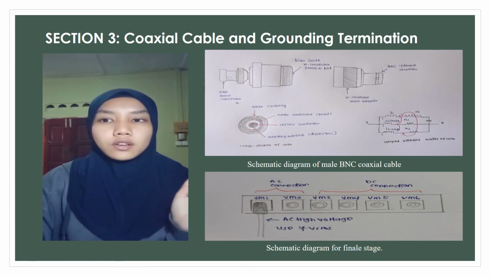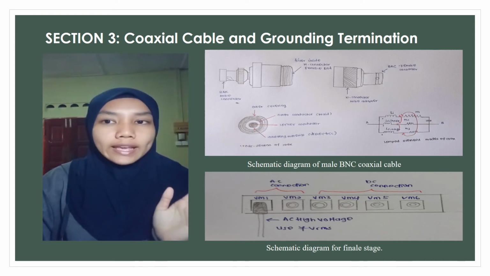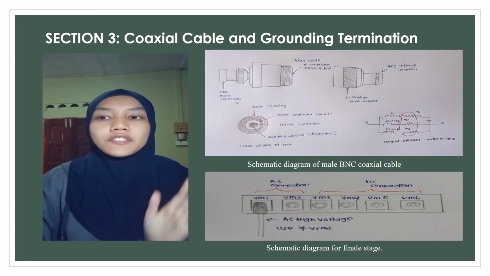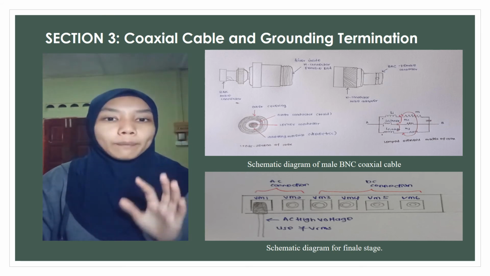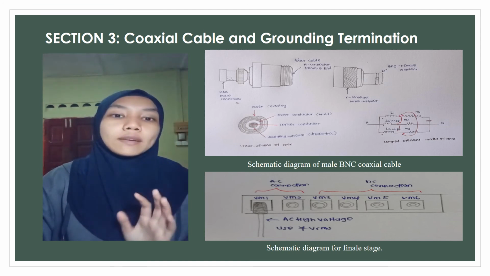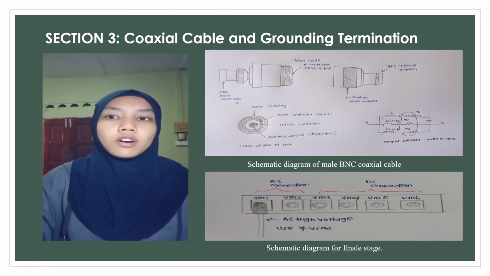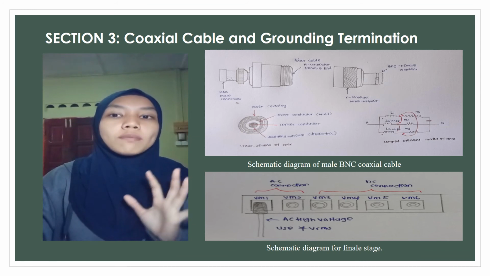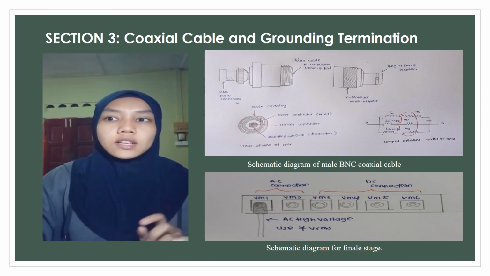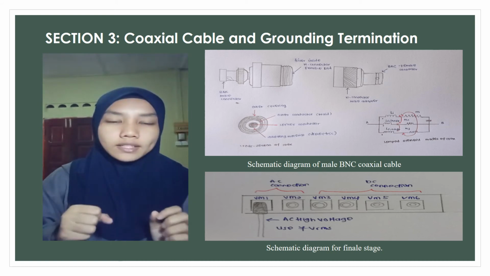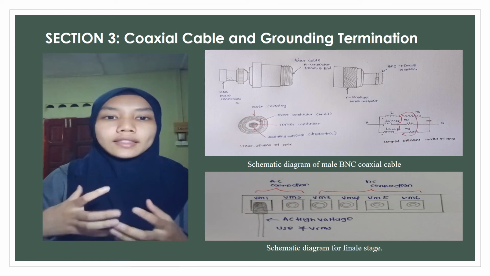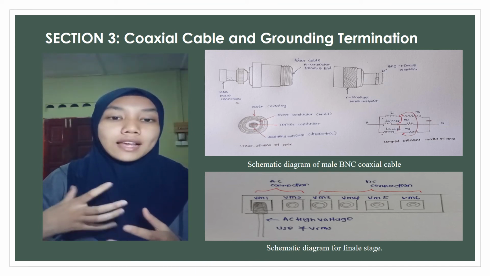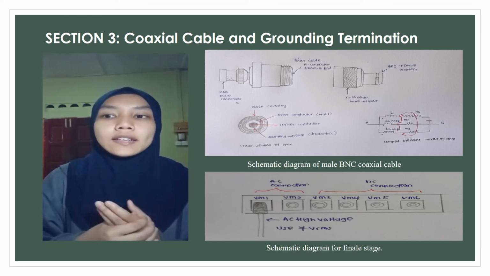This is the figure for the grounding system for AC high voltage. The figure shows the grounding system for AC high voltage for this laboratory. Copper braid is connected to the terminal grounding. Before starting the experiment, we must check all the apparatus first, that all apparatus must be connected to the earthing.